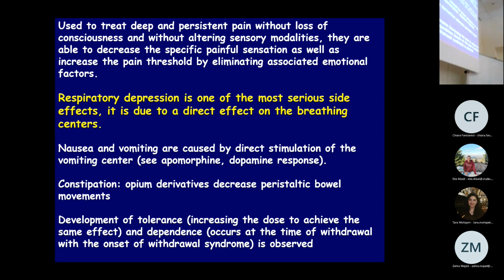Constipation when you use this type of compound, we have the block of the movement of the intestine muscles. And finally, development of tolerance and dependence with the onset of withdrawal syndrome. You see also the withdrawal syndrome. If the patient does not assume this type of compound, he tries to find this compound in every way. This is the problem.